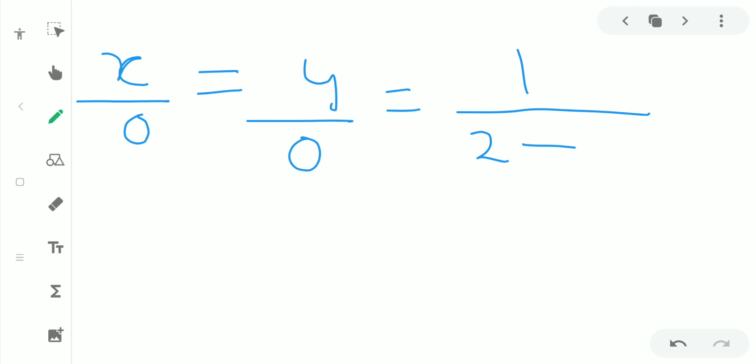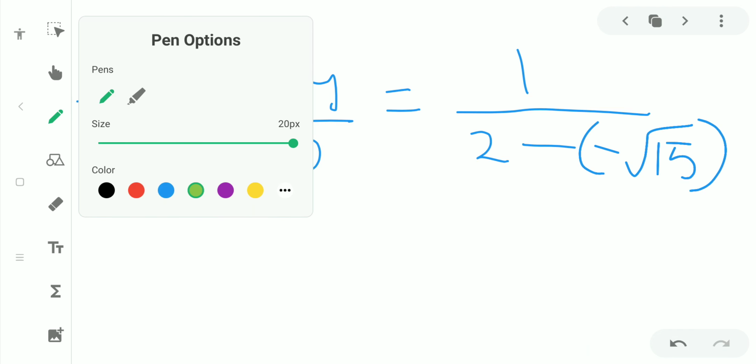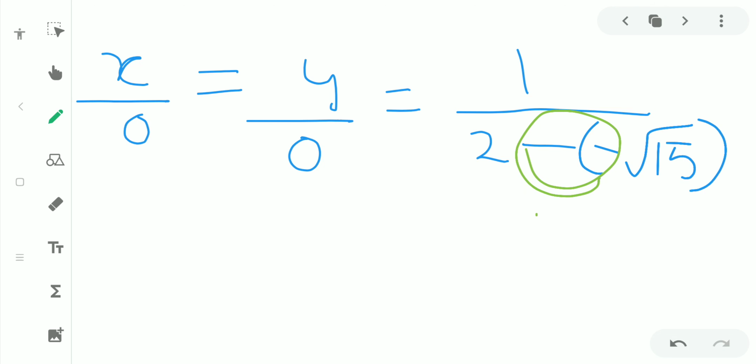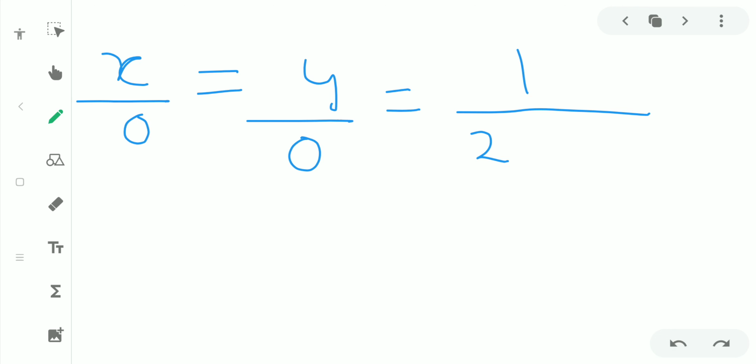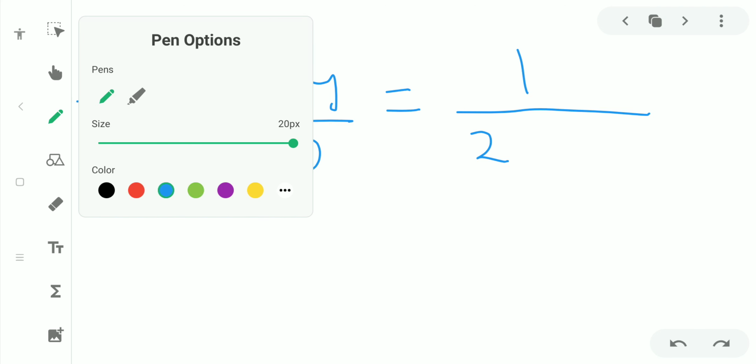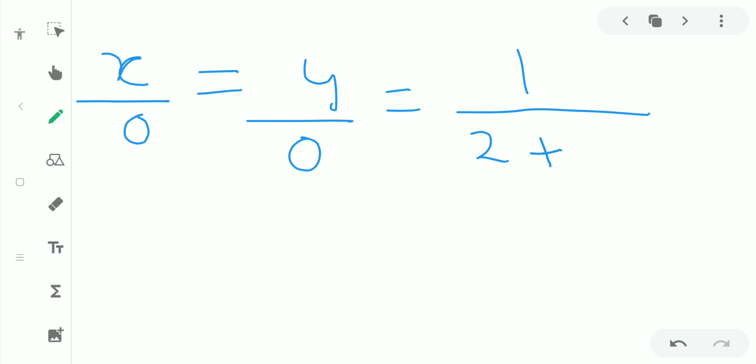So 5 into 3 is 15. So root over minus 15, minus root 15. So here we get minus into minus as plus. So let us write 2 plus root 15.